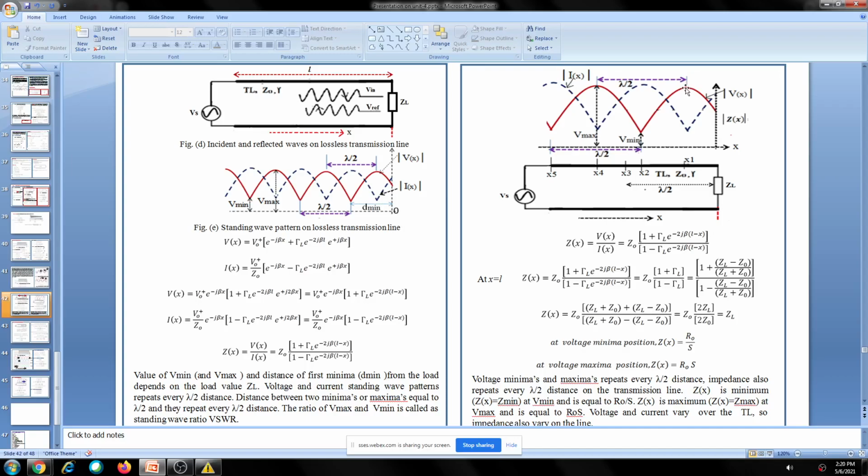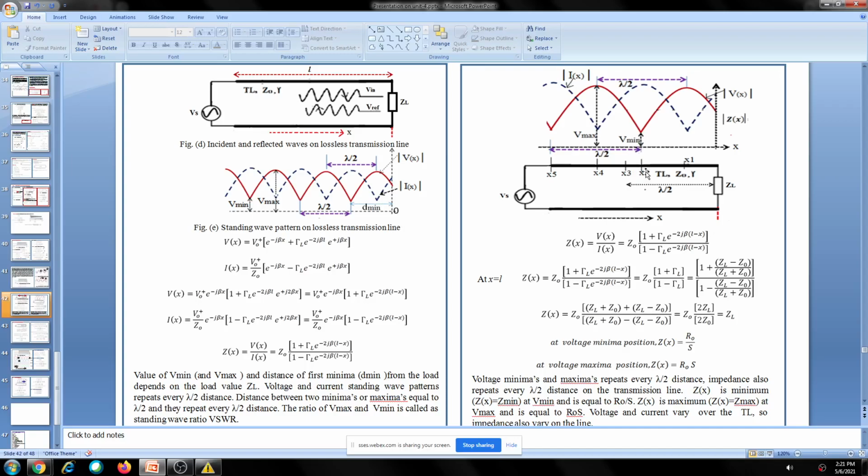See, this is a voltage wave. Wherever voltage is maximum on the transmission line, if you move like this, voltage increases, and at position x1 voltage is maximum. At that position you measure the impedance and find the maximum value. As you move further, voltage decreases and impedance also starts decreasing. At the voltage minima position x2, we observe minimum impedance.